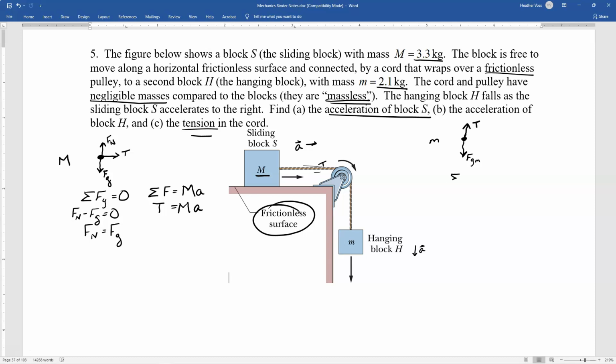So if I look at my net force in the y direction, that's going to equal my mass, little m, times acceleration. So I have that the tension force minus little mg is equal to ma. So that tells me that my tension force is also connected to my acceleration of the small block.